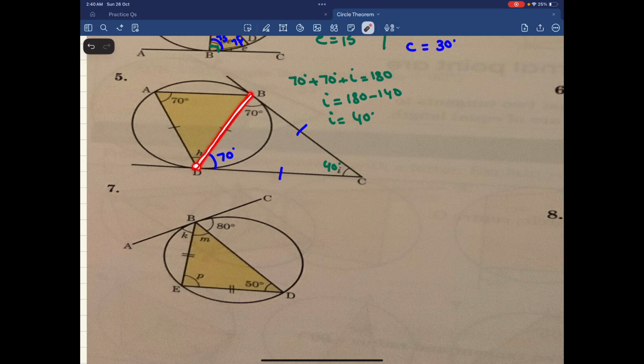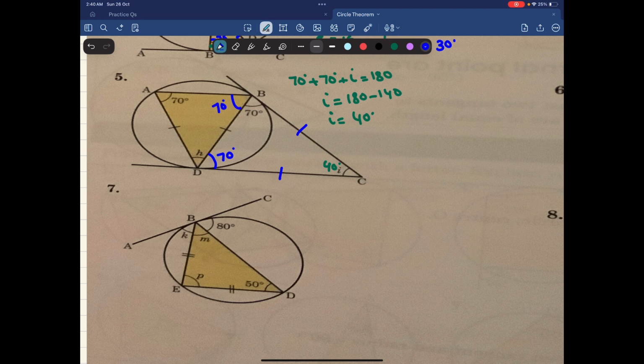D and B are making the line segment DB, and the third vertex of the triangle is angle A, point A. So the angle opposite to line DB is going to be the pair for that line. Since this line is equal to this line, this angle is the pair for line DB. This angle is going to be the pair for line AD. Hence, this is 70 degrees as well.